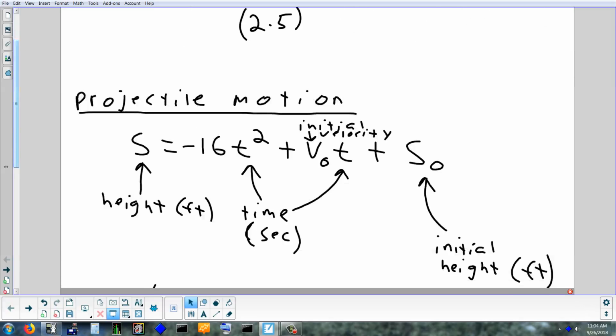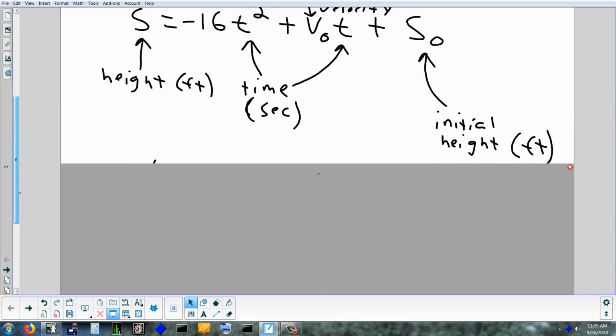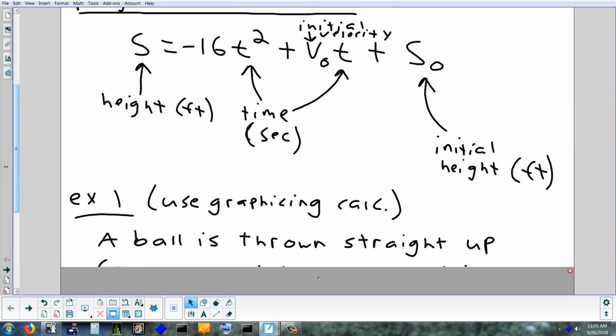If an object is thrown or launched and it's following projectile motion, this is the formula we can use to figure out how high the object will be based on how many seconds after it left your hand we're looking at, like 1 second or 20 seconds later, how hard the object was thrown, that's the initial velocity, and how high the object was when you threw it. Did you throw it while standing on the ground, or standing on top of a building? So that's the projectile motion equation.